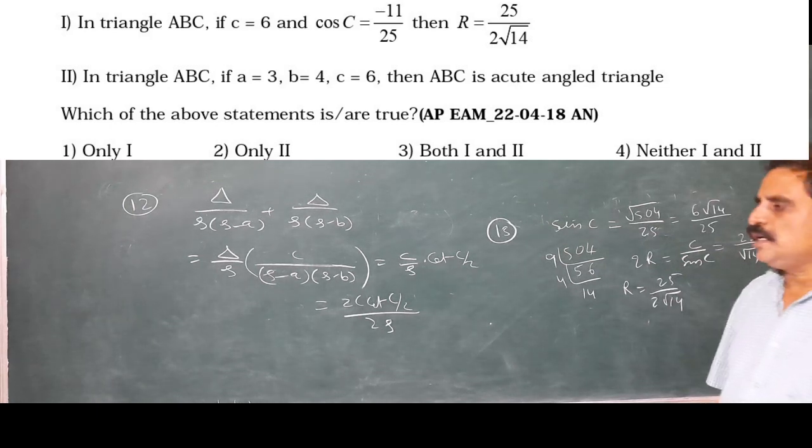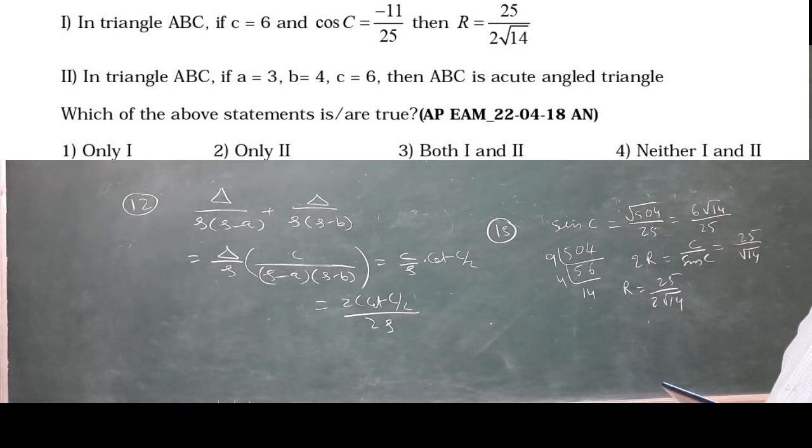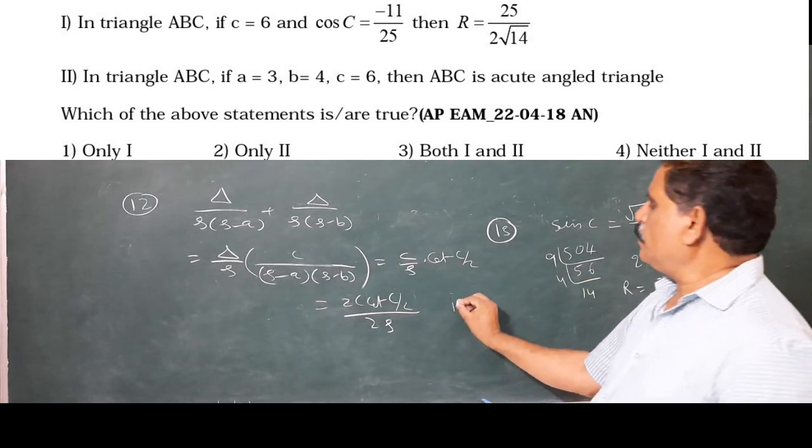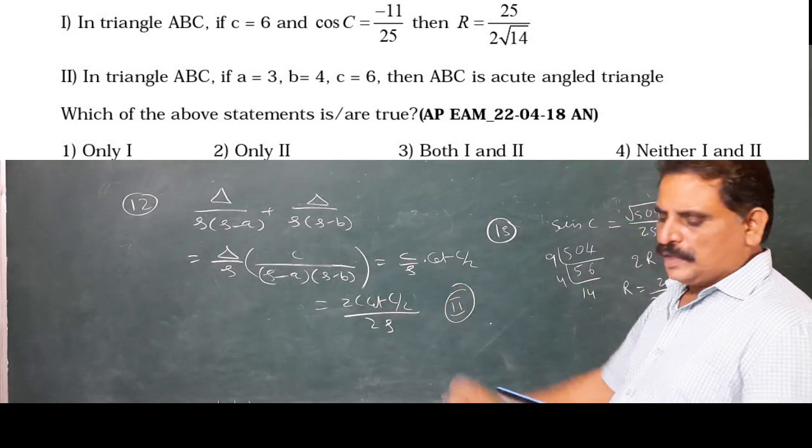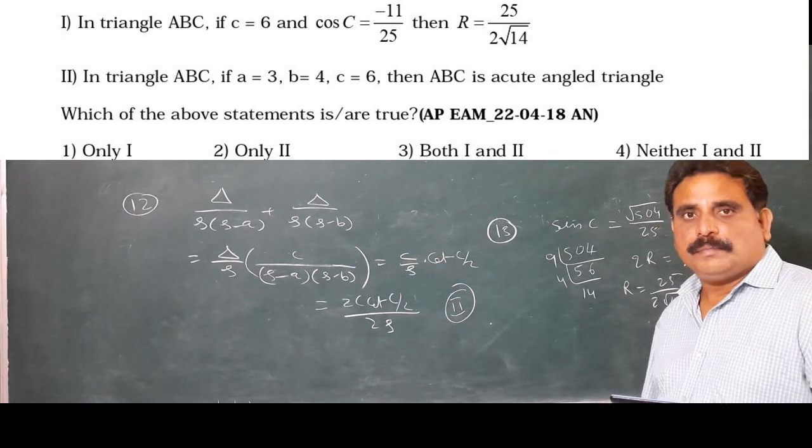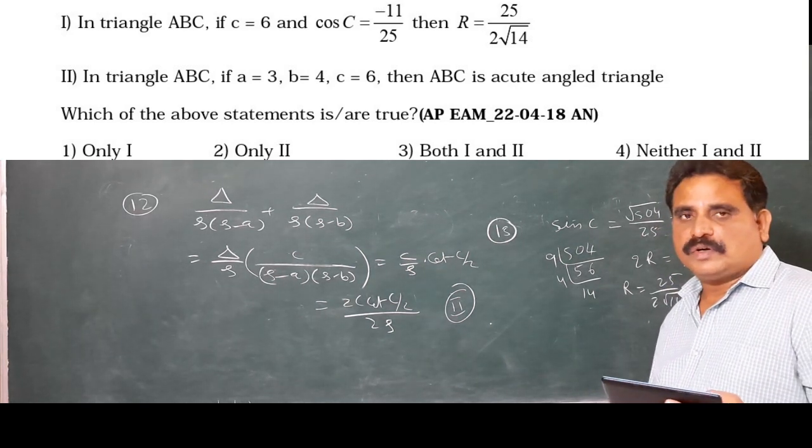So here answer is either 1 or both 1 and 2, because 1 is true. Now the second statement can be easily decided. My dear students, observe that here a equal to 3, b equal to 4, c equal to 6.